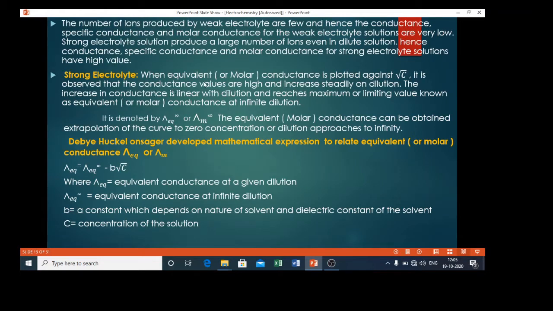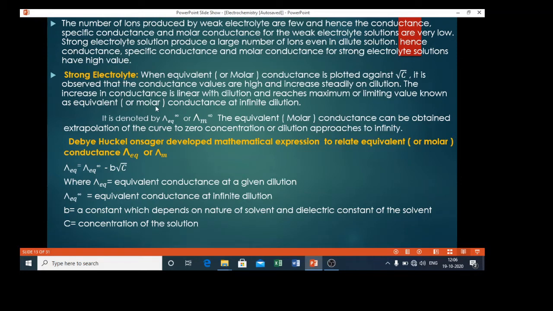When equivalent conductance or molar conductance is plotted against the square root of C, where C is the concentration, it is observed that the conductance values are high and increase steadily on dilution.